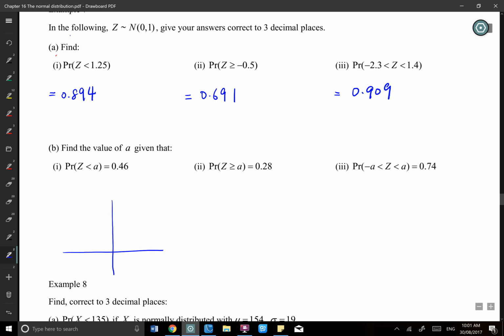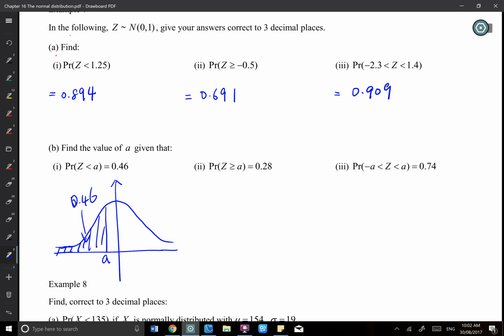There exists a number A, and it's the only unique number. Maybe 0.5 is at 0, so A should be here, and that's 0.46. You want to look for that number. You know the mu, the standard deviation, and the area, so what you need to find is the number that gives that area.